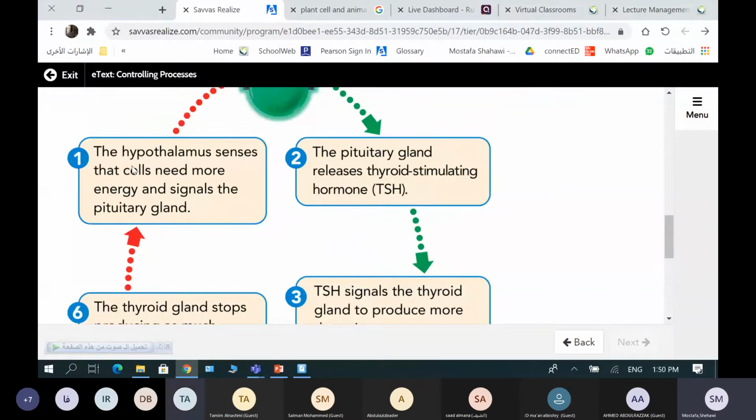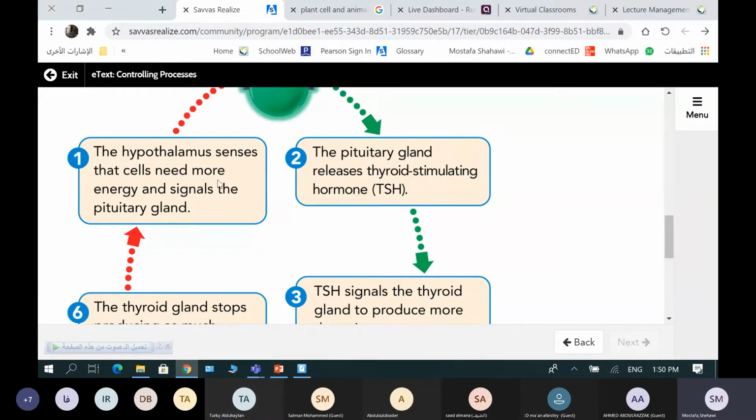The hypothalamus senses that cells need more energy and signals the pituitary gland. Number two. So, hypothalamus senses what? Listen.